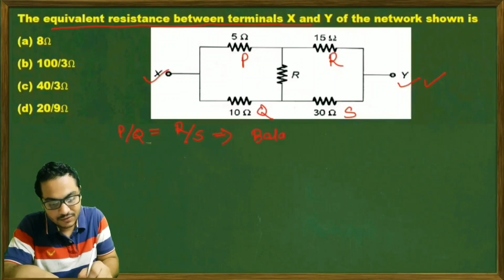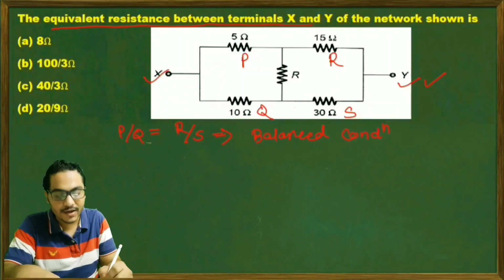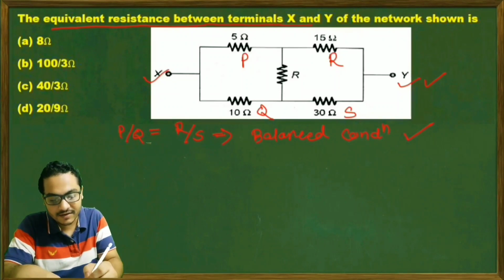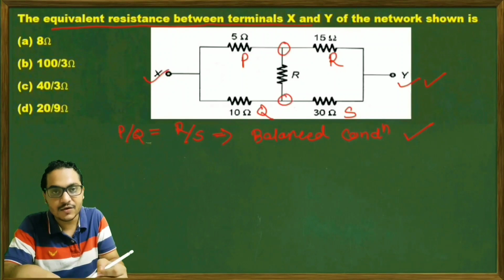Now when this condition occurs, then the potential difference between these 2 points, this one and this one, is 0.